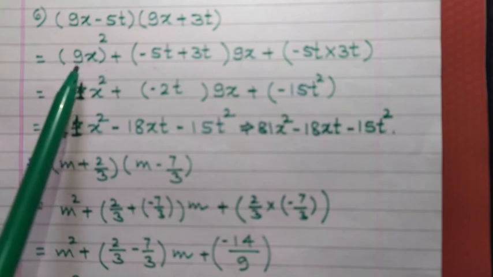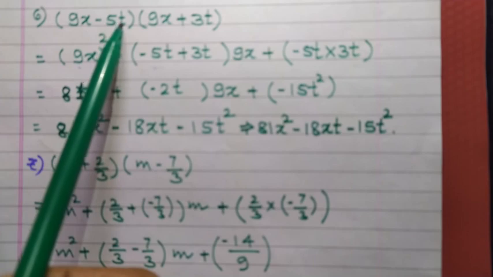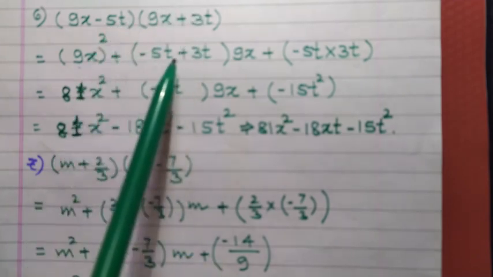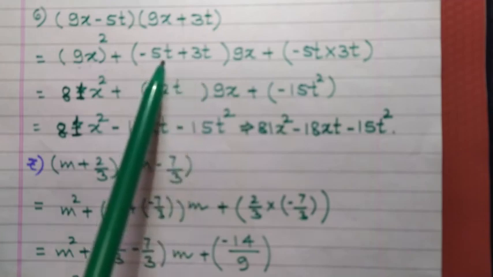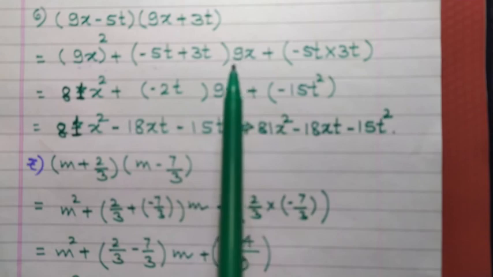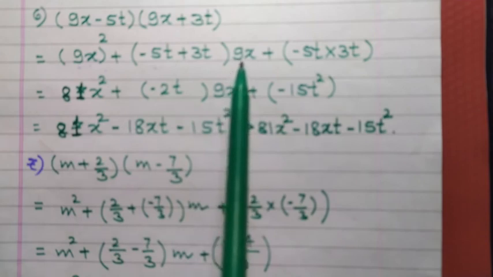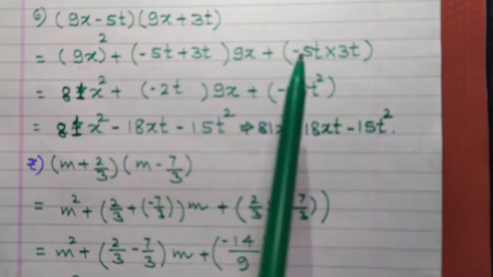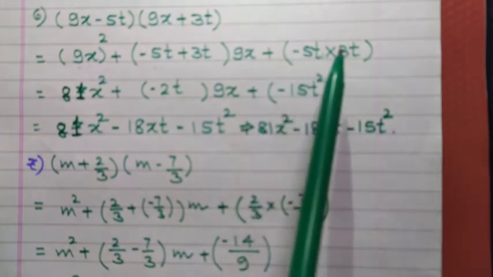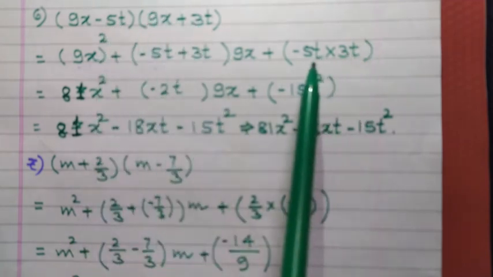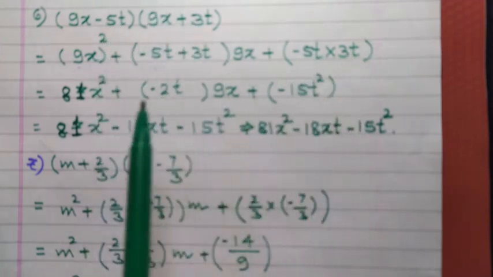What is the common term? 9x. So it will be (9x) square plus the sum of uncommon terms. Uncommon terms are minus 5t and 3t. So here the addition of these two uncommon terms into the common term, 9x, plus the product of uncommon terms, minus 5t into 3t. So here I have taken minus 5t and 3t.